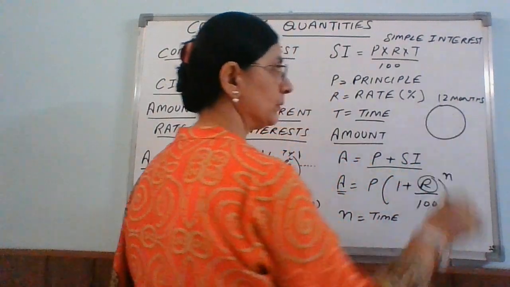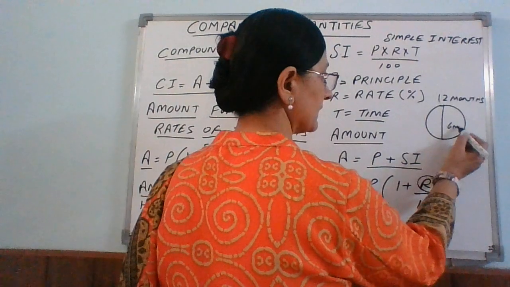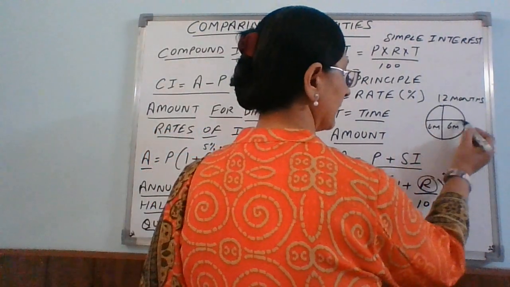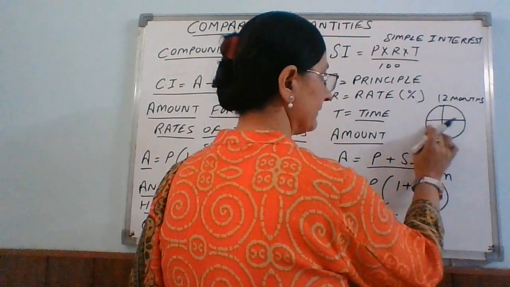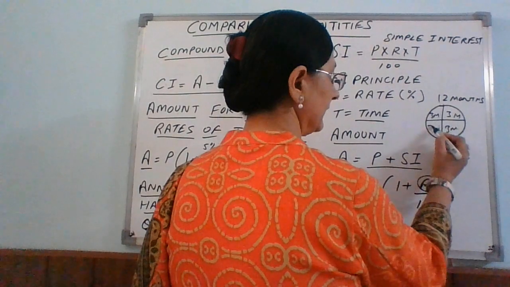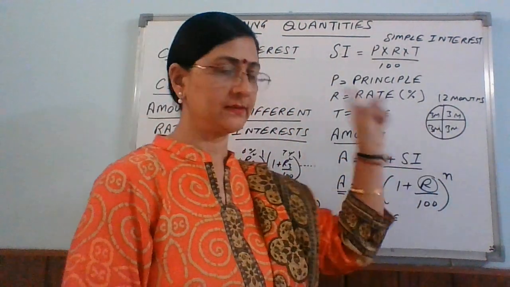If you are told half yearly, half of 12 means 6 months each. If you are told quarterly, it has 4 parts, right? In 1 year you have 4 quarters: 3 months, 3 months, 3 months, 3 months.